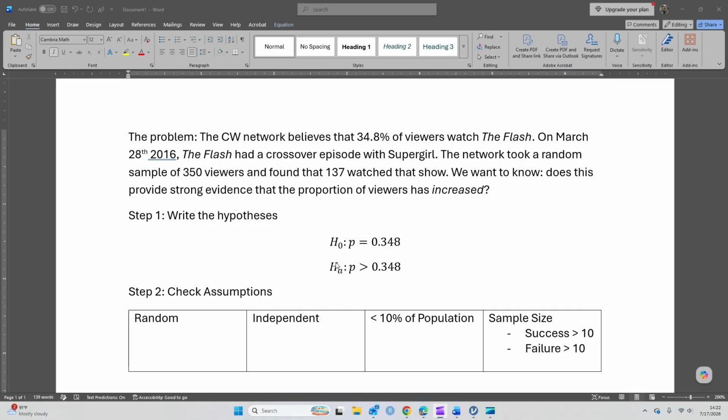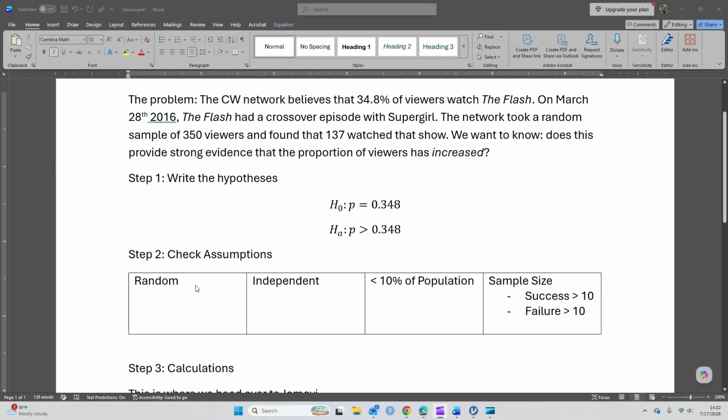Now that we have the hypotheses, we can check the assumptions. So step 2 is to check those assumptions. For random, it actually tells us that it took a random sample, and so random is met. That would be a yes.